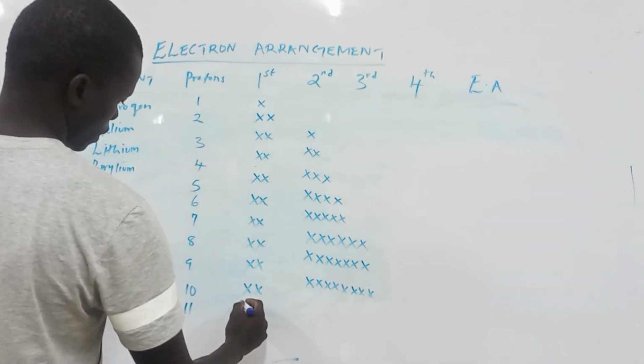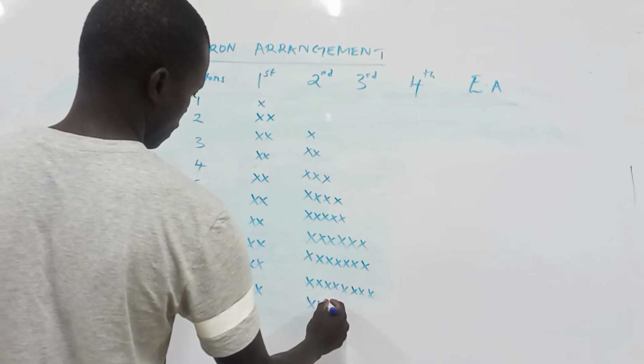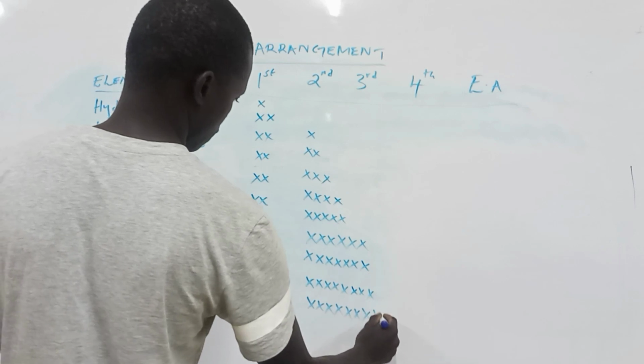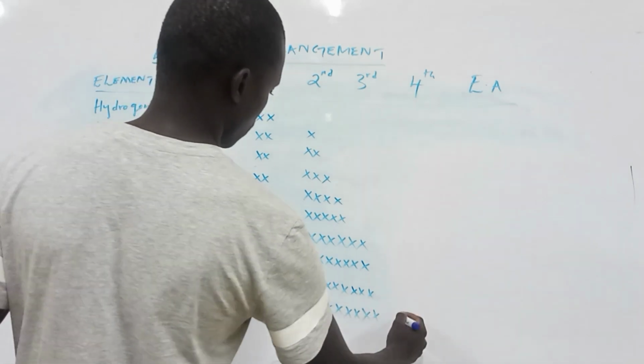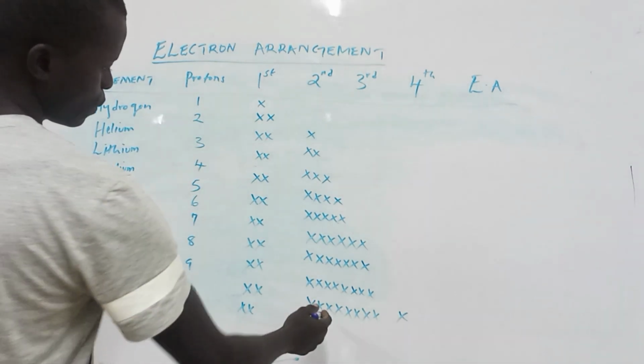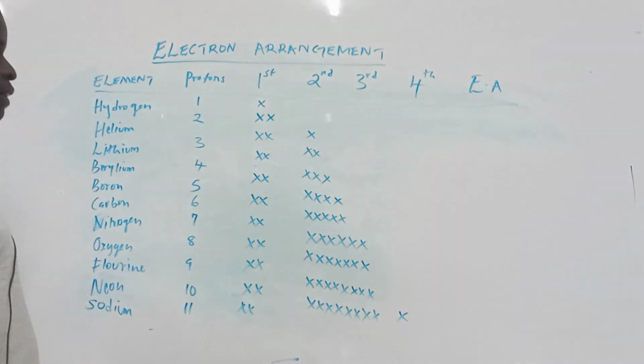For the case of sodium, we have 2 here, then 8 here, then the remaining one in the third energy level. As long as the energy level is full, the remaining one goes to the following energy level.